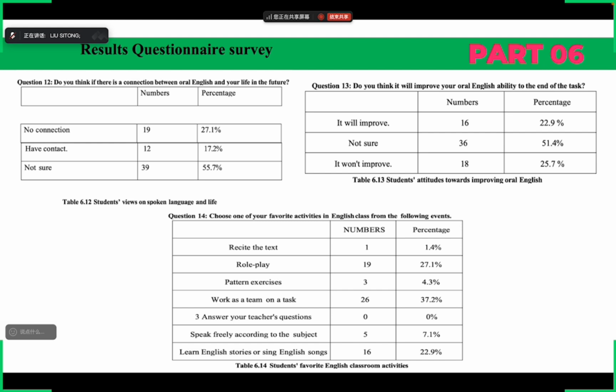And control class scores increased slightly from 2.96 to 3.03, showing less improvement. So TBLT is highly effective in improving students' speaking abilities.